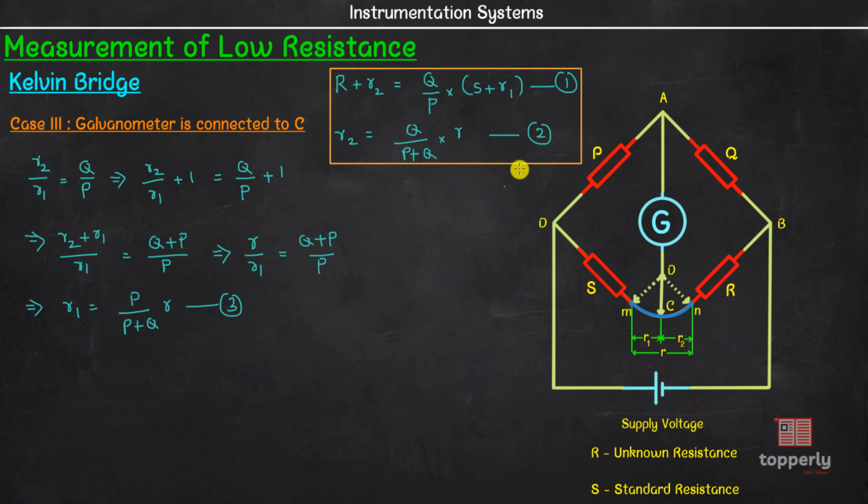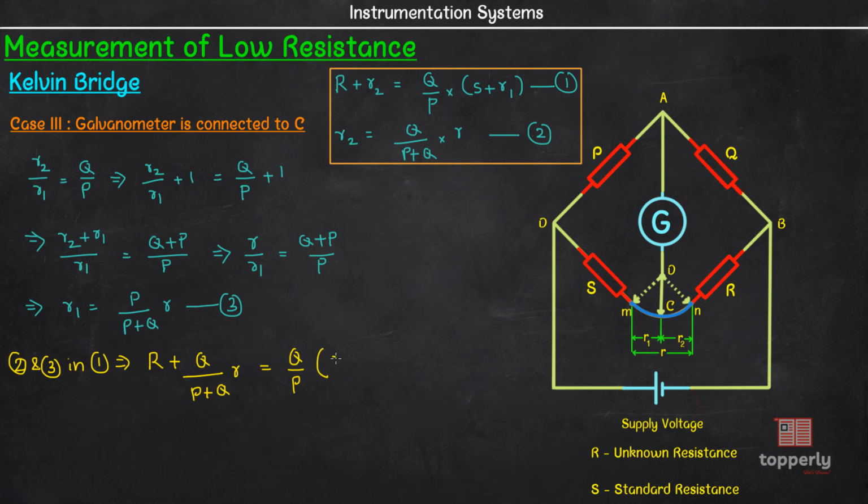Now plugging equation 2 and equation 3 in equation 1 gives us capital R plus R2, and R2 is Q by P plus Q into small r. Therefore, R plus Q by P plus Q into small r equal to Q by P into S plus R1, and R1 is P by P plus Q into r.